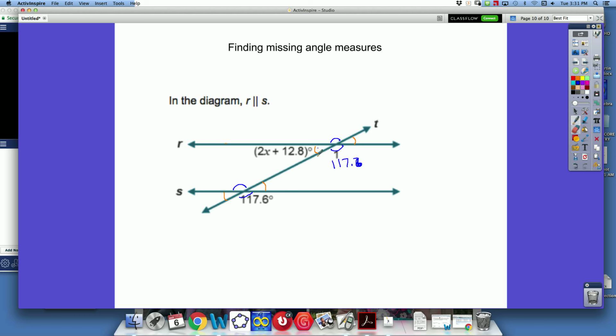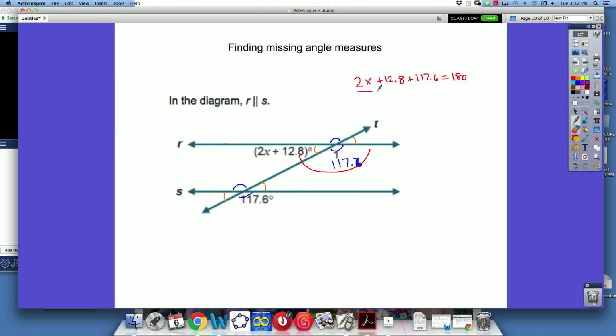And now if I want to find x, this goes back to our oldie but goodie we've been doing a lot of. Those two together have to add up to 180 again. So we're going to do 2x plus 12.8 plus 117.6 equals 180 degrees.